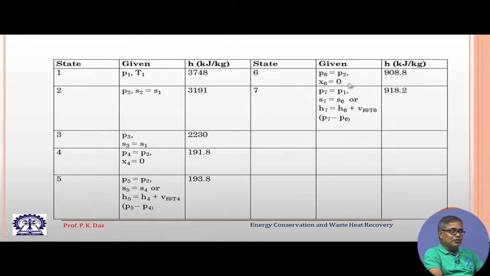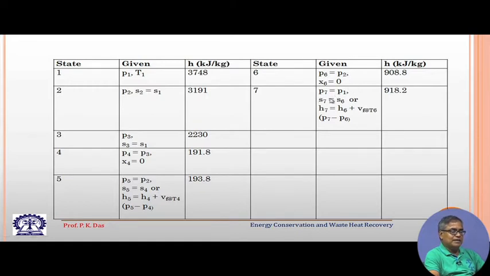Then again we have used another pump, P2. For P2 the inlet pressure will be P6 and the outlet pressure will be equal to the boiler pressure.